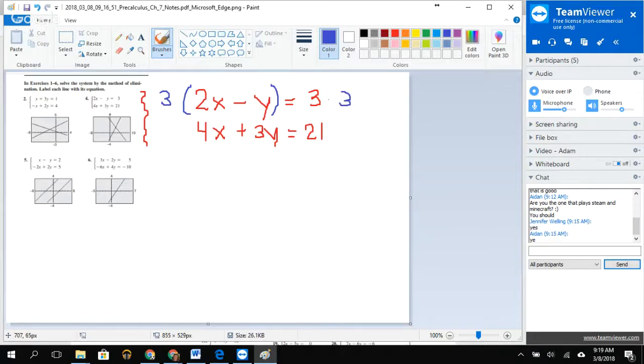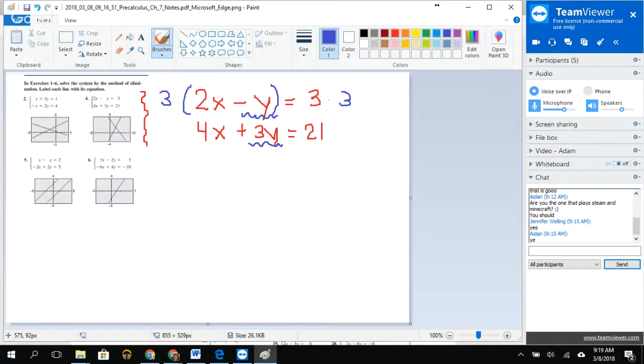And we're allowed to do that because we're doing the same thing to both sides of the equation, right? We're just making basically a multiple of the equation. The reason I want to do that has to do with right here, I have a positive 3y. So if I can turn this into a negative 3y, when I add my two equations together, I eliminate y altogether.